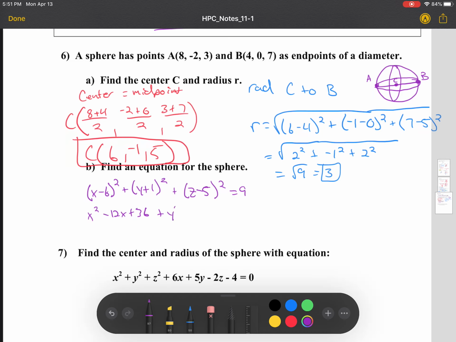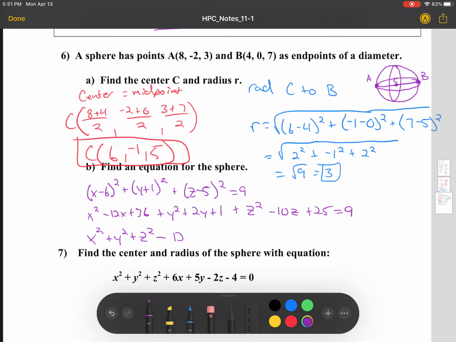So we're going to have x squared minus 12x plus 36 plus y squared plus 2y plus 1 plus z squared minus 10z plus 25 equals 9. Right, we got that 9 from our radius squared. So finally, just organize this by degree.